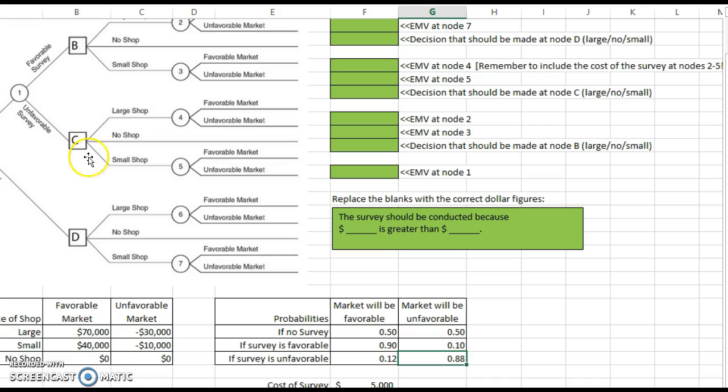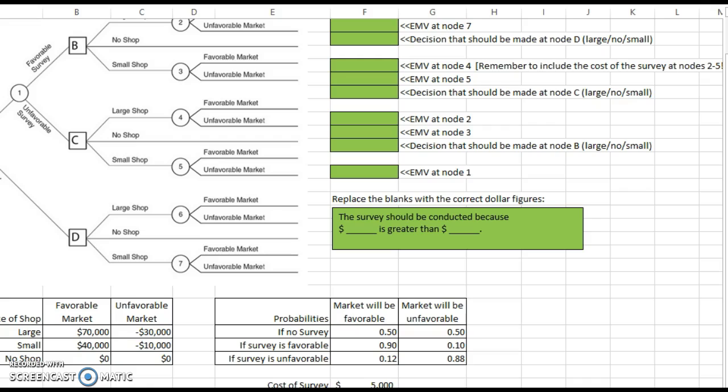Then once you get to that sub-level, we have a large shop, no shop, or a small shop. Remember, all of that information is here. And so in node 6, we've determined it's going to be a large shop, so it could be either favorable or unfavorable. And so this is the no survey, favorable or unfavorable for the large shop. So it's a lot more of it, but it's really the same information as in the last problem.